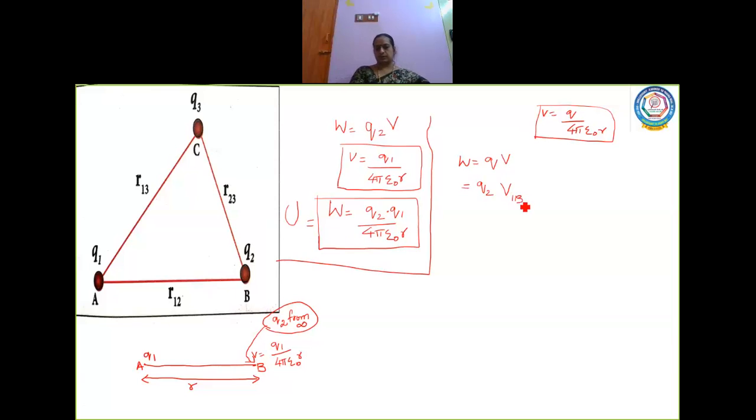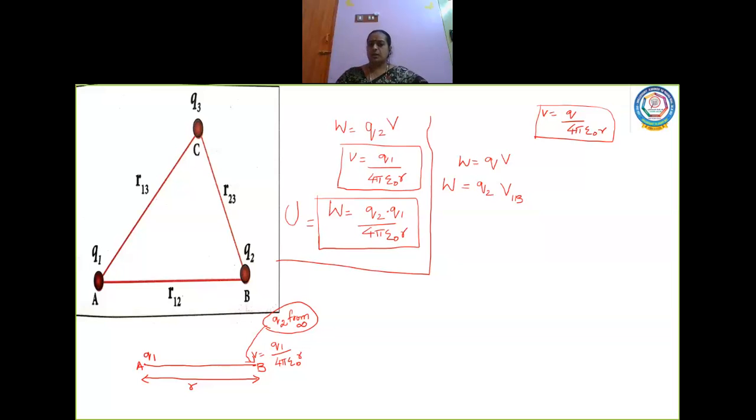So, W is equal to Q2 into V1B, where V1B is the electrostatic potential at B due to the charge Q1 at A.